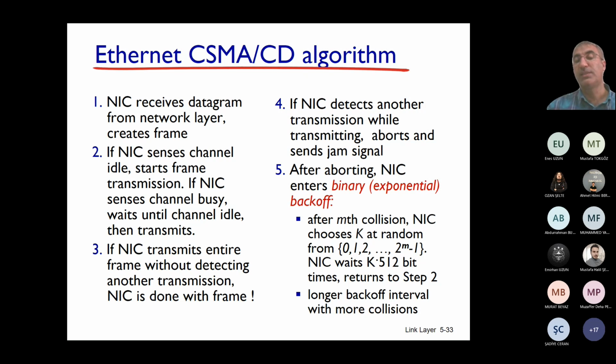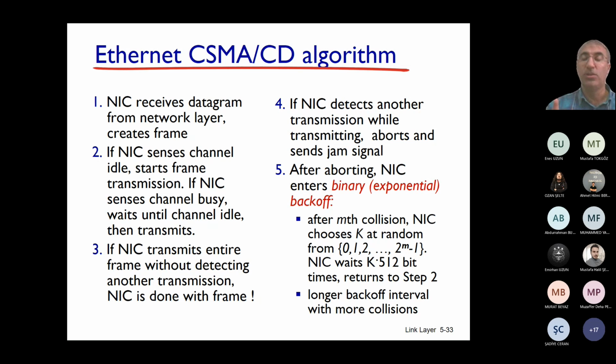If the NIC transmits the entire frame without detecting any collision, the NIC is done with the frame. But if the NIC detects another transmission while transmitting, it detects the collision basically. It aborts immediately and sends a jam signal. So this is another feature, sending a jam signal.